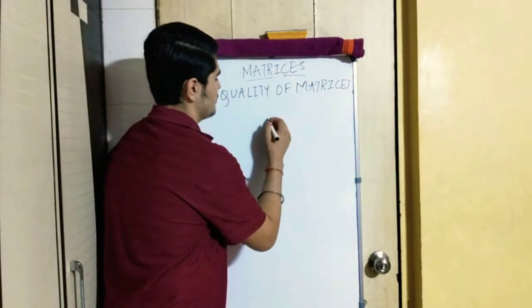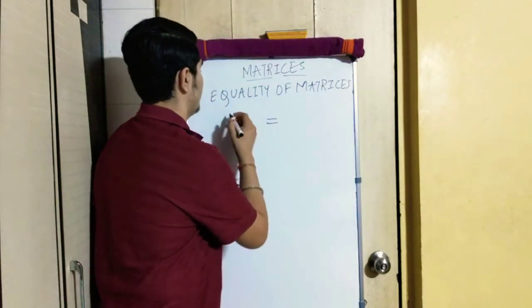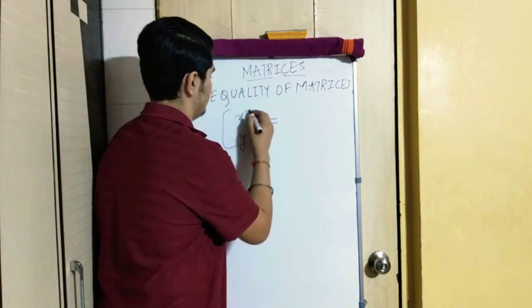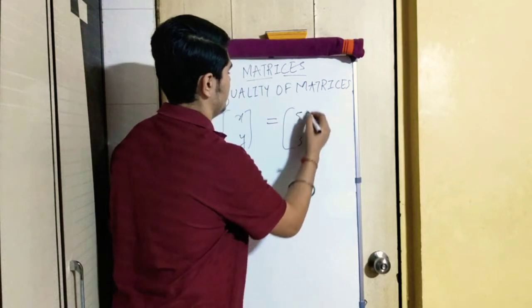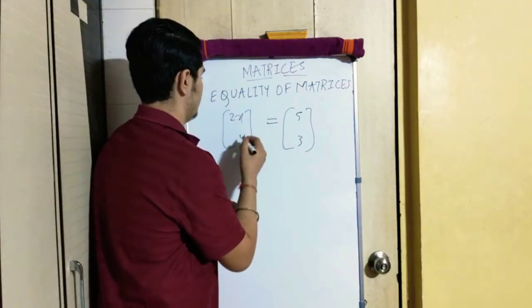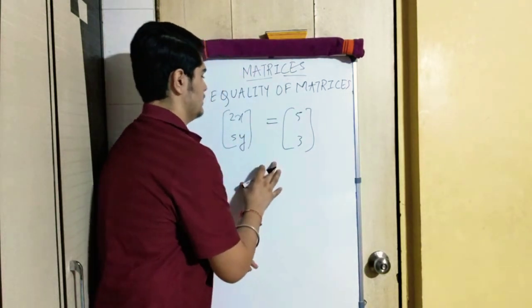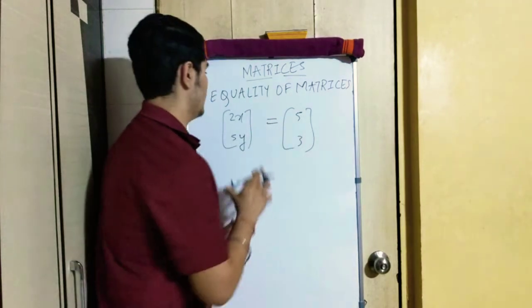See, equality means there is an equal to sign. If in a situation you get an equation such as x, y on one side and here you get 5, 3 or anything, it can be 2x or 5y, anything. In this condition, you have to see the order of the matrix.